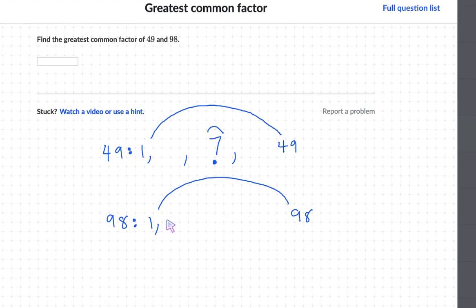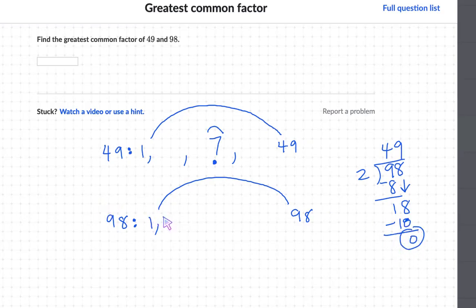For 98, let's go down the list. So we have 2. Does 2 go into 98? It looks like it does because it's an even number. 2 times 4 is 8. 9 minus 8 is 1. So this is 9. 2 times 9 is 18 with the remainder of 0.